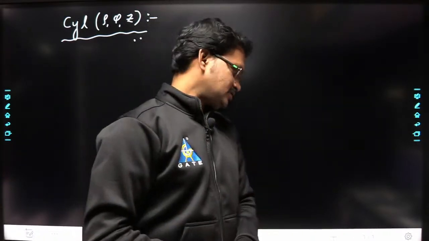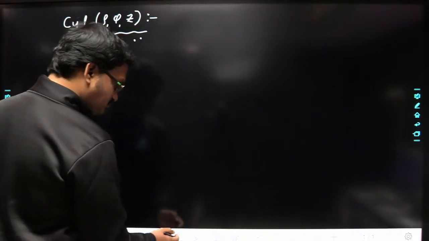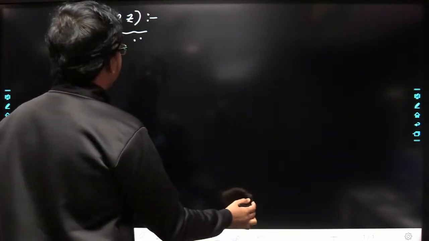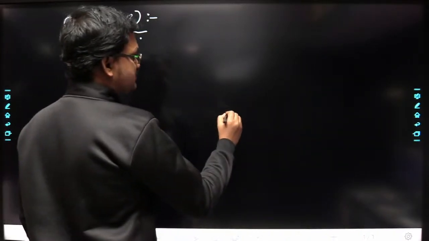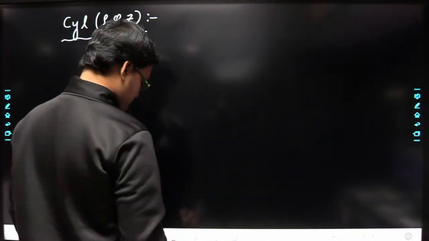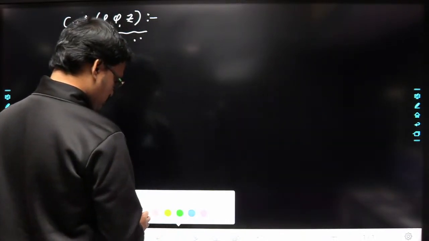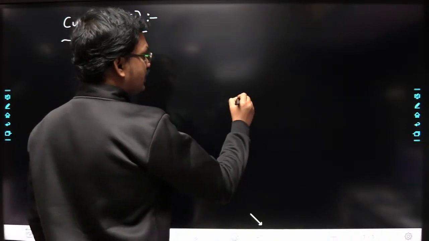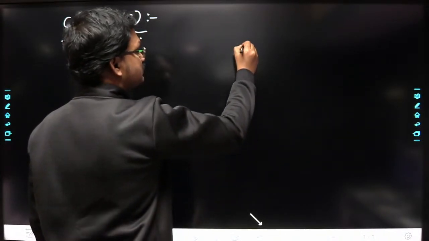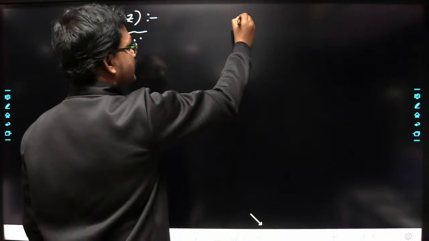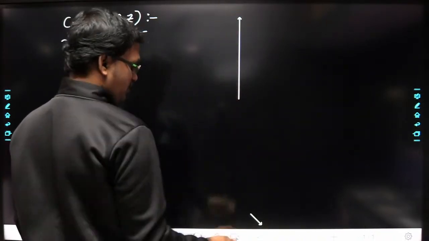Now I am going to tell you two ways to construct a cylinder. The first one: here I am considering an axis.